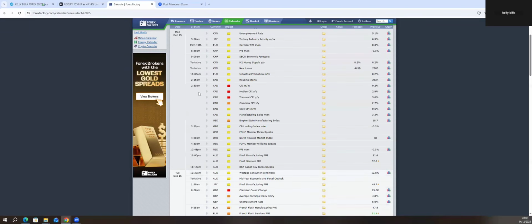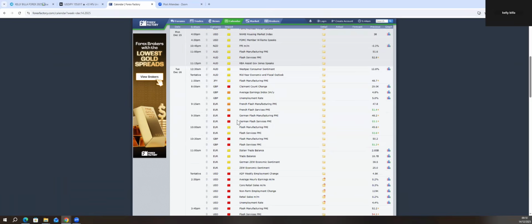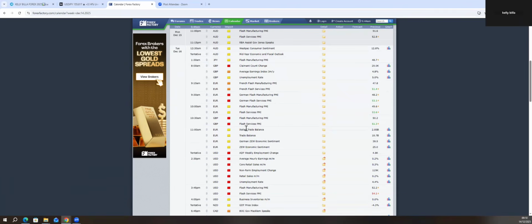Like you see, on Monday we have news for CPI for CAD, and then Tuesday, which is really crazy, we have the Cleveland CPI for GBP, we have German flash manufacturing PMI and services PMI both for Euro, and then we have the manufacturing PMI and services PMI for pound.